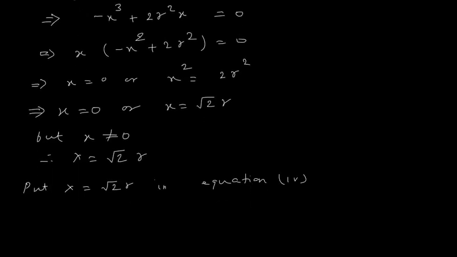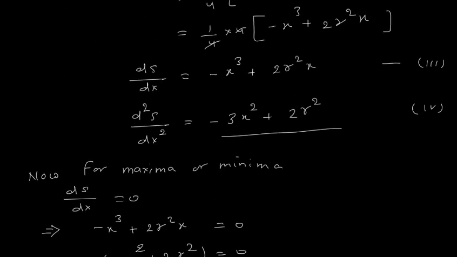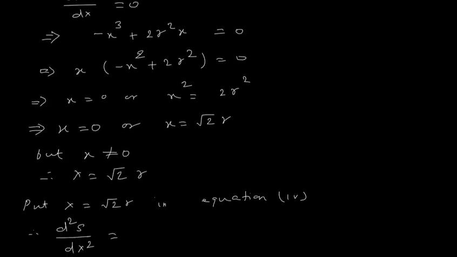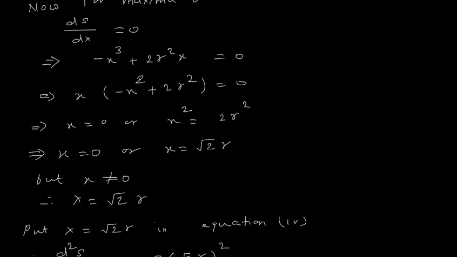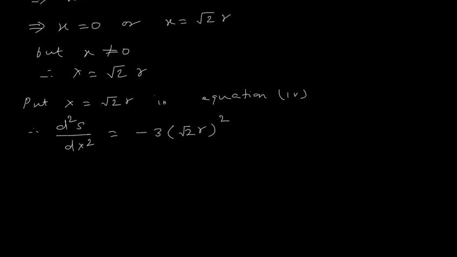Therefore d square s upon dx square will become minus 3x square plus 2r square. Minus 3x square, that is root 2r the whole square, minus 3x square plus 2r square.